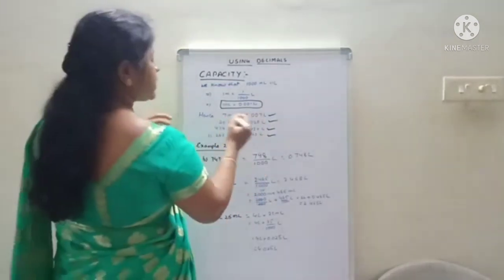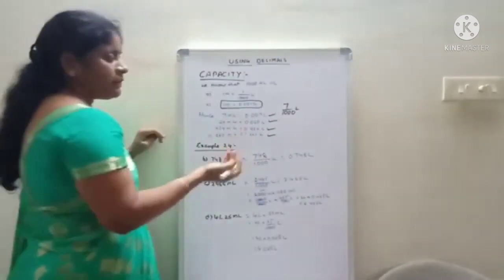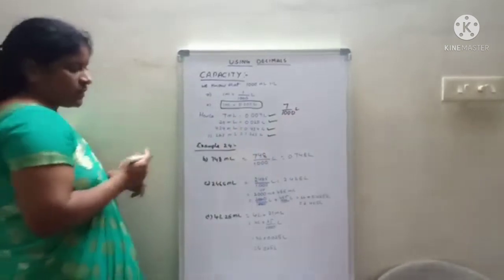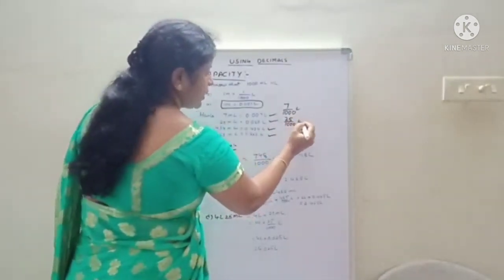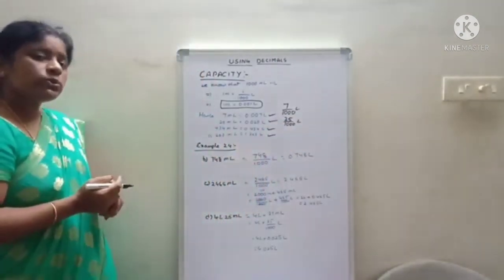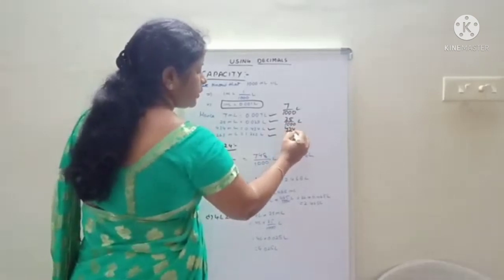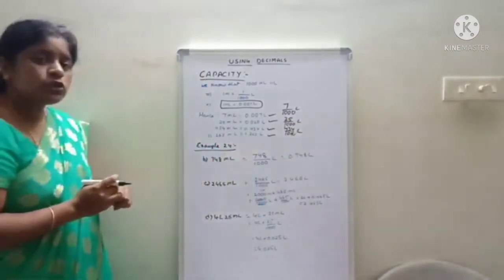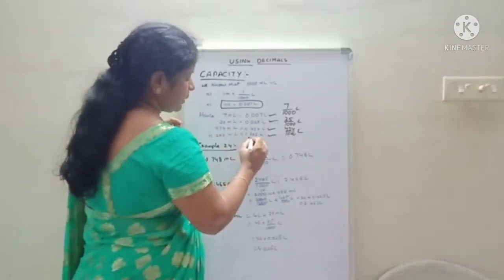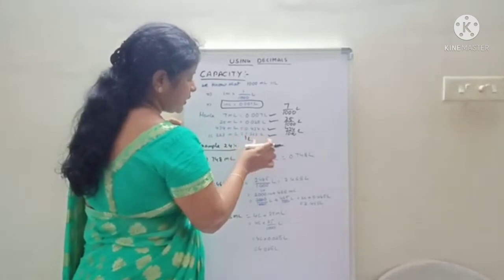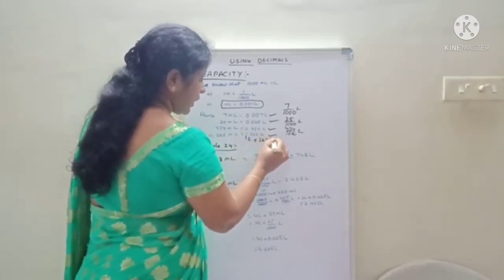How? 7 ml equals 7 by 1000 liters, which is nothing but 0.007. 25 ml equals 25 by 1000 liters, which is 0.025. 434 ml equals 434 by 1000 liters, which is 0.434 liters. 1 liter 263 ml can be written as 1 liter plus 263 ml.